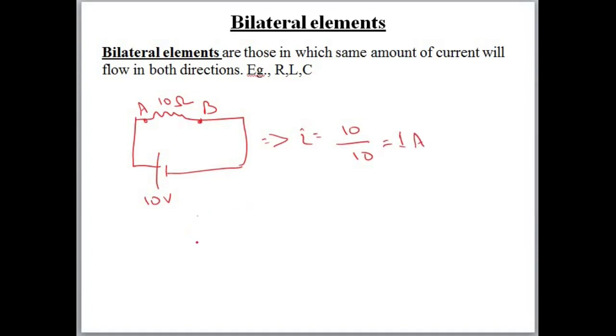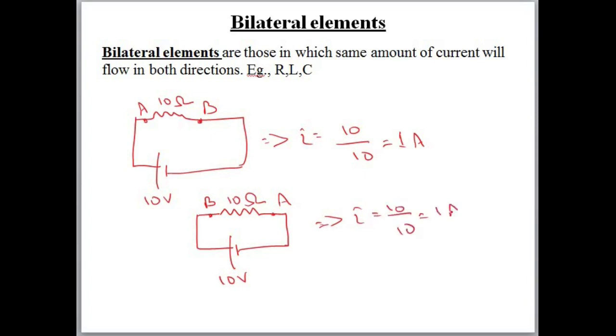Now, if I reverse the resistor, this terminal B will come here, A will come here. Still it is 10 volt, it is 10 ohm. What will be the current? Current will be the same, 10 by 10, which means 1 ampere. So we can see here the A terminal is connected to positive and B is connected to negative.